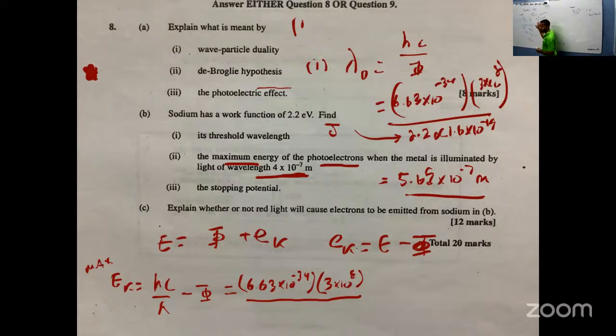These two things are equal. Work function is equal to hf naught or hc on lambda naught. hc is Planck's constant by speed of light. Those are the constants: 6.63 by 10 to the minus 34 by 3 by 10 to the 8.